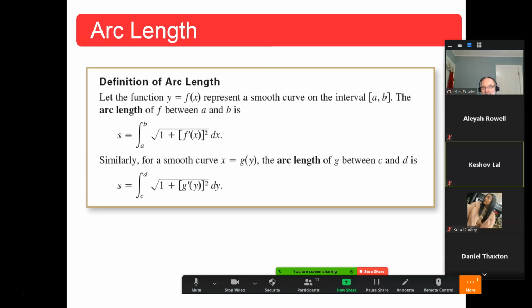Now, what does g prime of y mean? It's dg/dy, not df/dx. So in other words, it's dx/dy most of the time. You just flip them over.